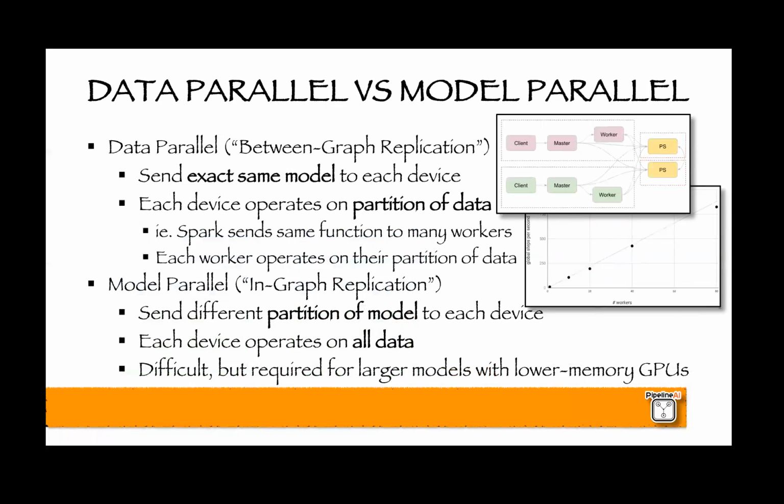The short of this is that you typically want to be data parallel, and this is kind of a goofy name, there's this other term, between graph replication. Model parallel totally brings up all these distributed graph types of problems. If you've ever done any Spark GraphX, or tried to distribute Neo4j or TitanDB, thinking through some of these large graph problems.